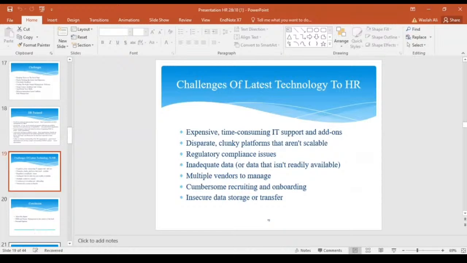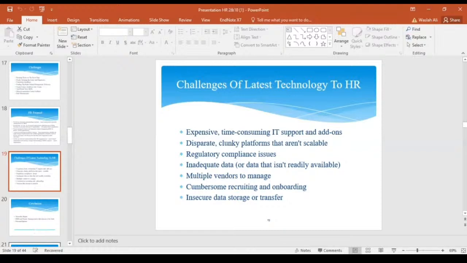Latest technology is expensive, time consuming, and needs IT support and add-ons. Disparate key platforms that are not scalable.